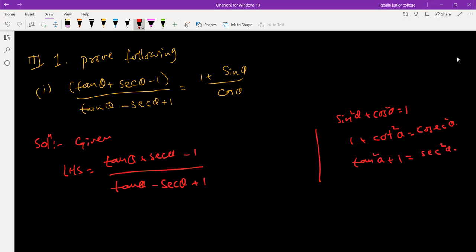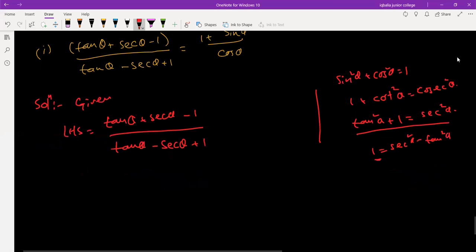These three are the trigonometry identities. I can use this identity, that 1 is equal to sec square theta minus tan square theta. I can write sec square theta minus tan square theta in the place of 1.